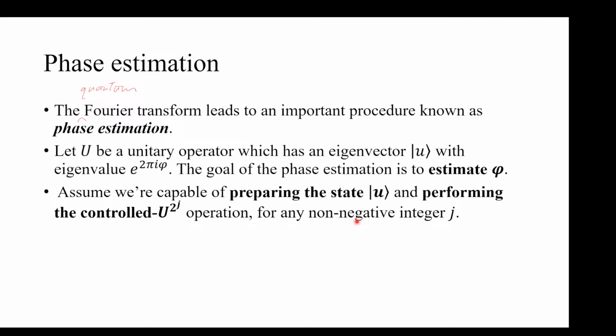So we assume we can do controlled U to the j: controlled U, controlled U squared, controlled U to the fourth, and so on. For now, let's say we can do all of them efficiently, all the way to whatever, as the input of phase estimation.